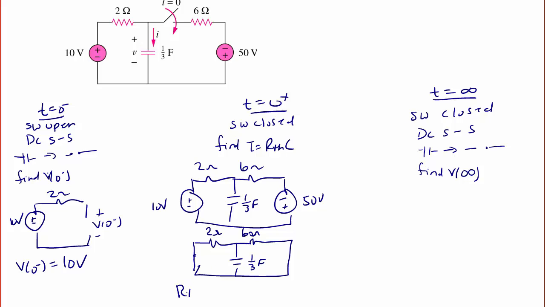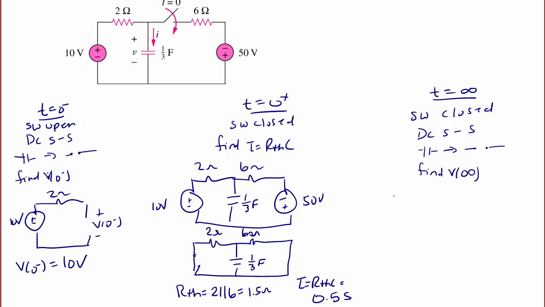So R Thevenin is equal to 2 in parallel with 6, which is 1.5 ohms. So tau is equal to R Thevenin times C, and tau is equal to 0.5 seconds.